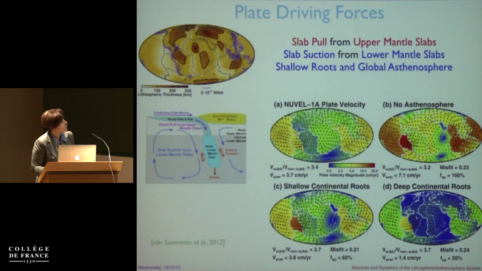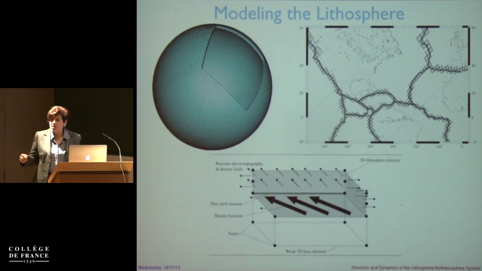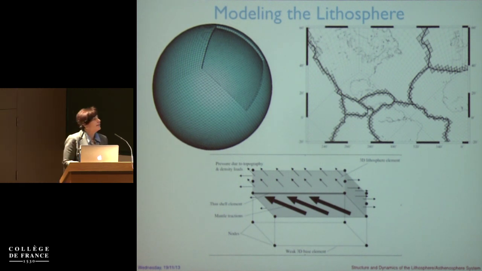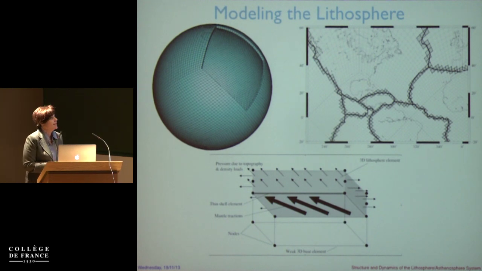Okay, so we have then a good handle on what those basal tractions may be, but the lithosphere, in these models, is a purely viscous system, and the lithosphere isn't deforming probably only as a viscous system.